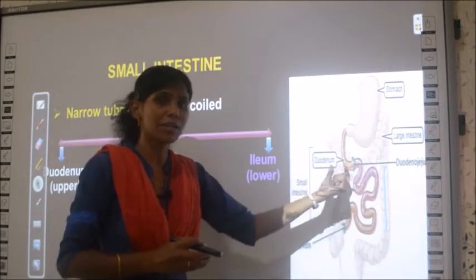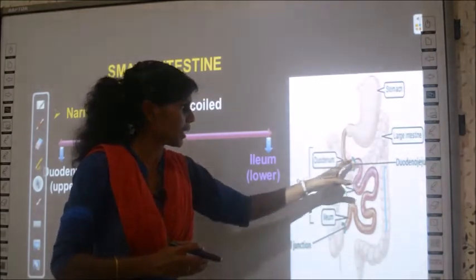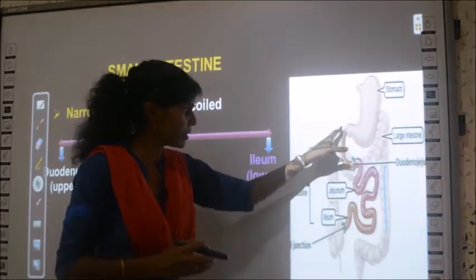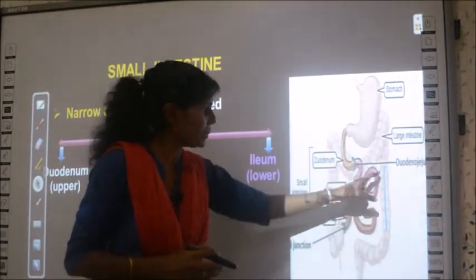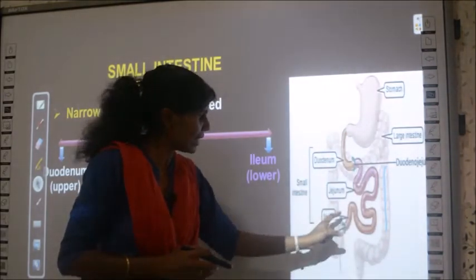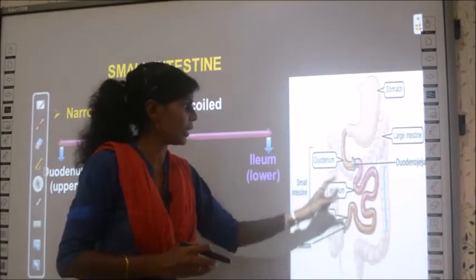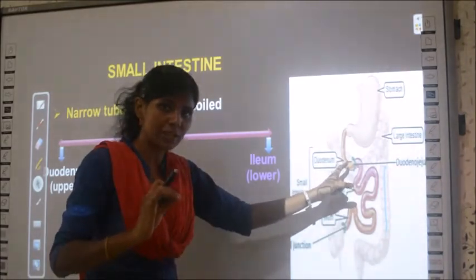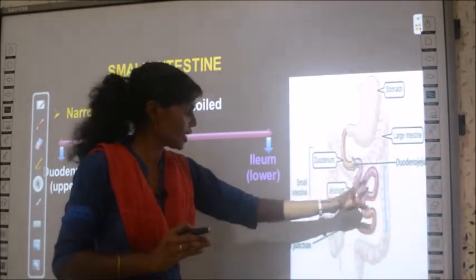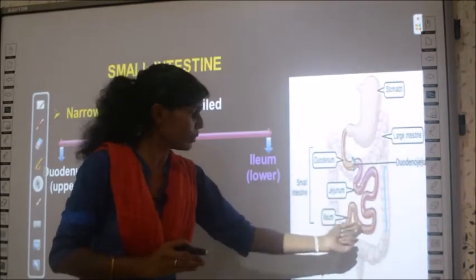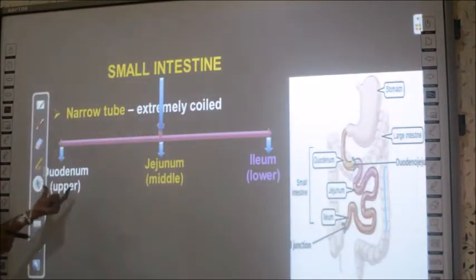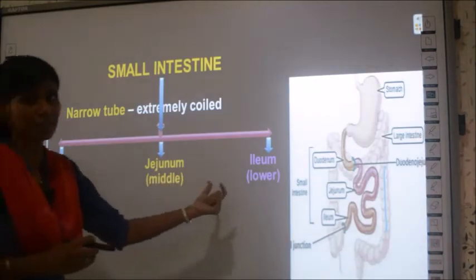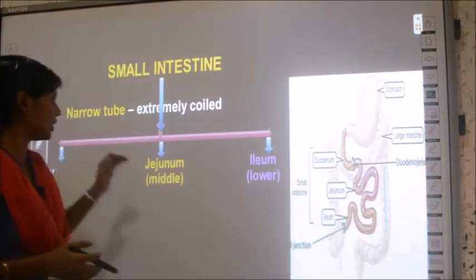Duodenum is the upper part. See, you have duodenum in this yellow color, jejunum the middle region, and then ileum the lower region. So duodenum, jejunum and ileum are the three parts of the small intestine.